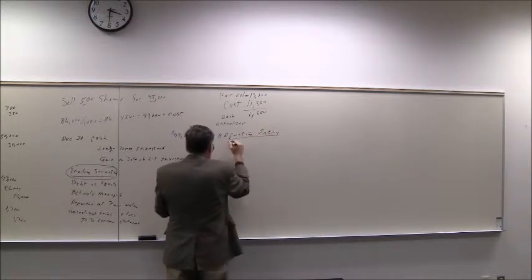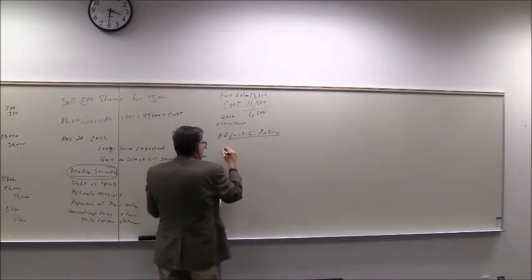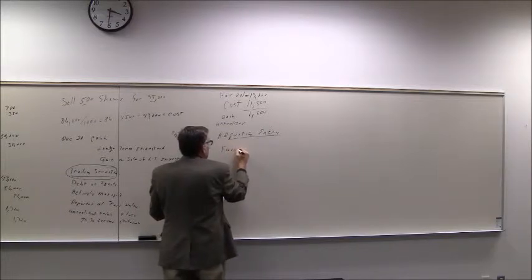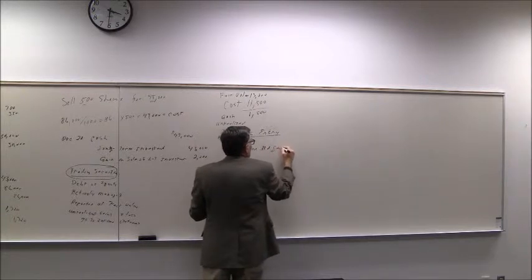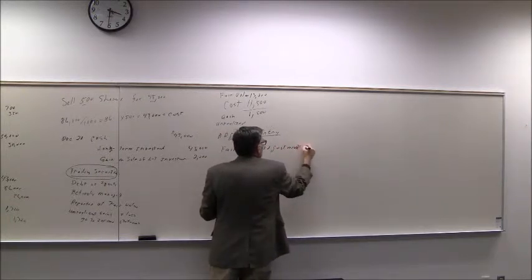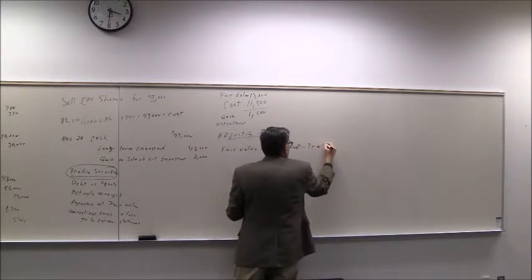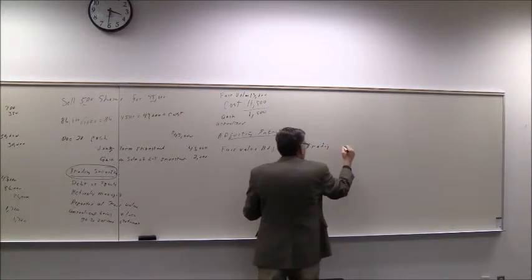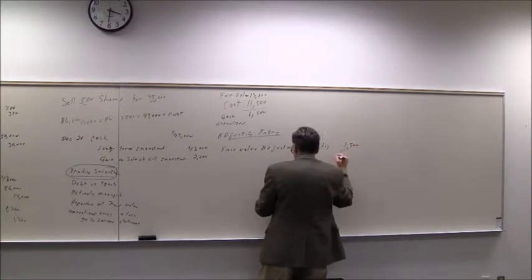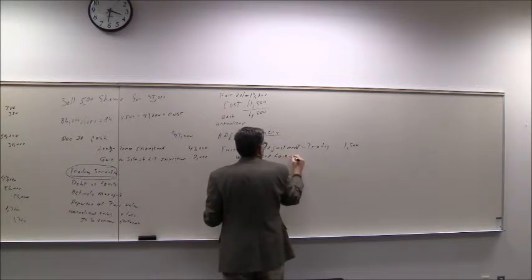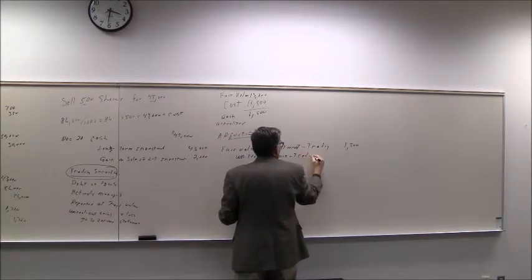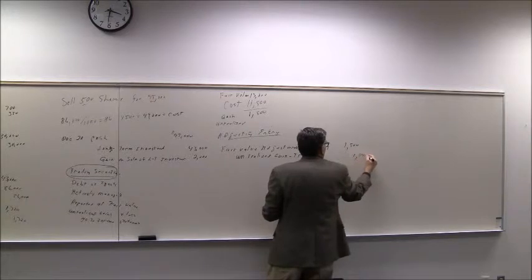will be fair value adjustment, trading. And that will be a debit of $1,500, and you have an unrealized gain, dash trading, of $1,500.